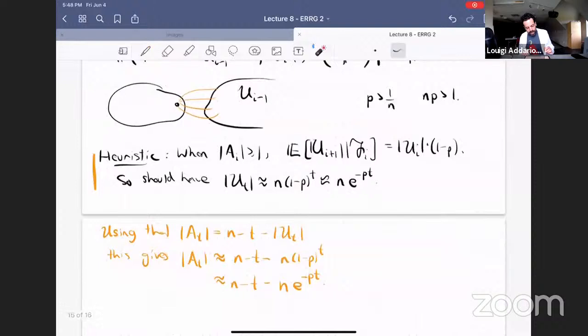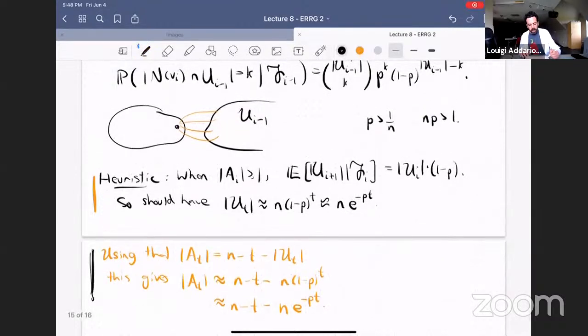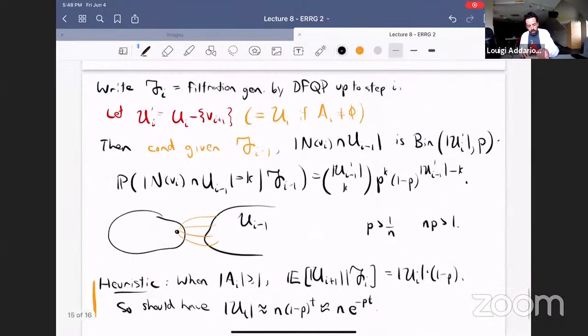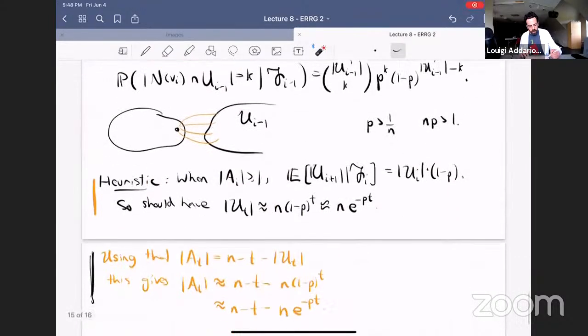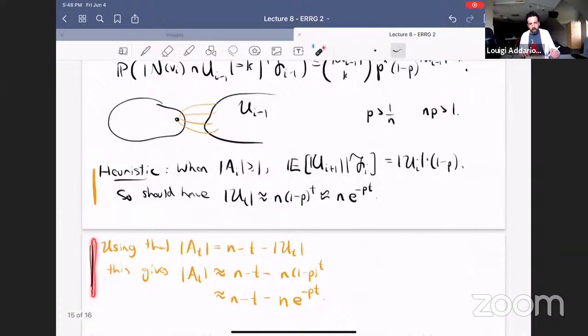I see a comment from one person in the chat saying they're a little confused. I think that's reasonable, and if you have questions about this part of the story, I'm happy to clarify them. The bulk of the proof of the law of large numbers is in making this heuristic rigorous and quantitative.